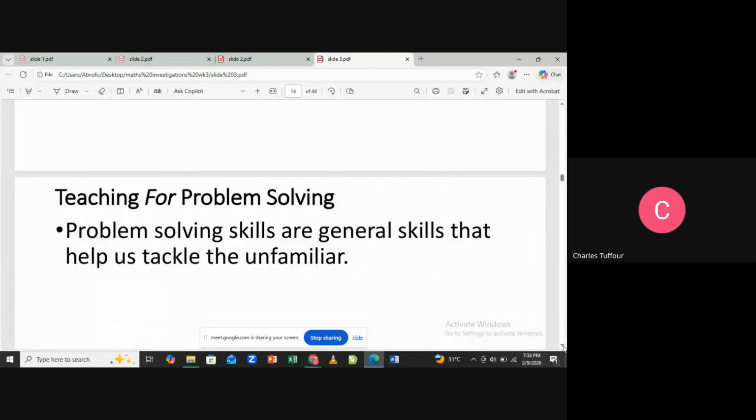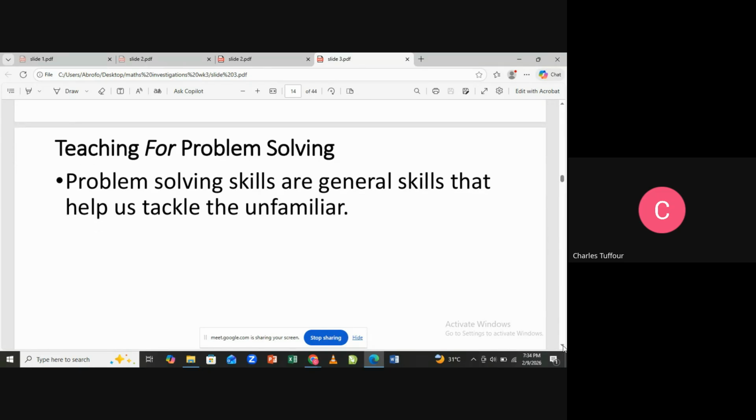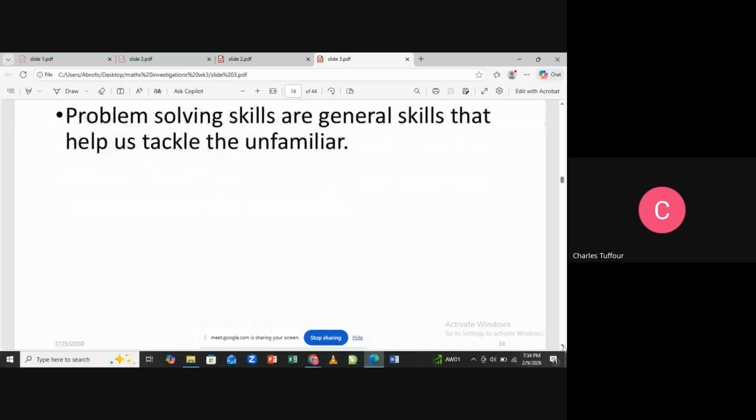Now we are looking at teaching for problem solving. Remember, I told you will be asked to differentiate between teaching for problem solving and teaching about problem solving. Problem solving skills are general skills that help us tackle the unfamiliar.